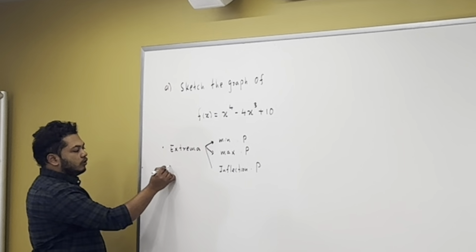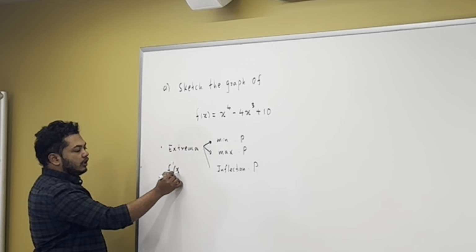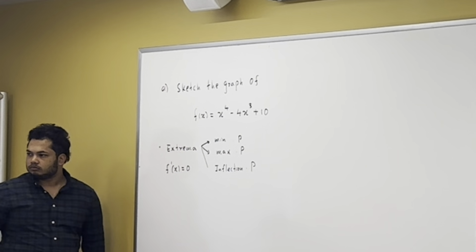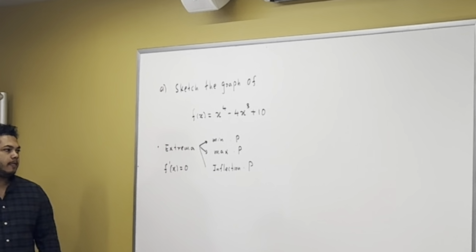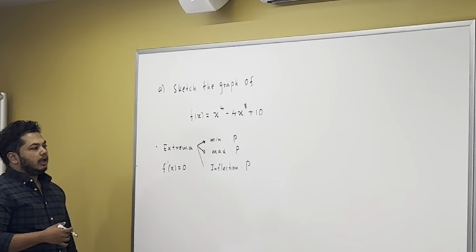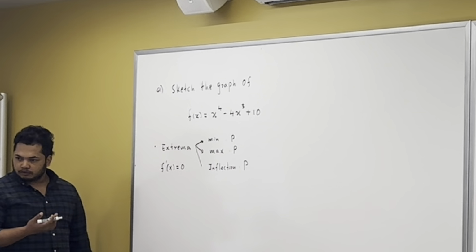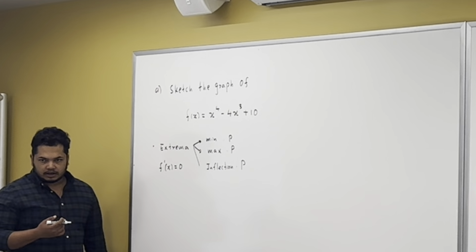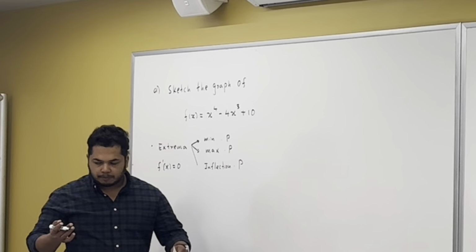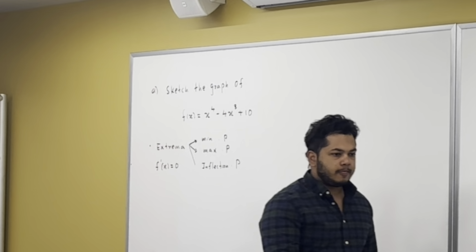To do that, you have to set the derivative equal to 0. That's your first step. And we can talk about the second derivative later and find out where the function is concave up and concave down.